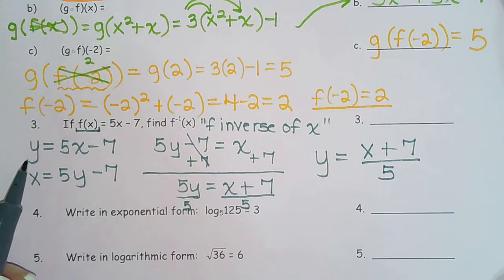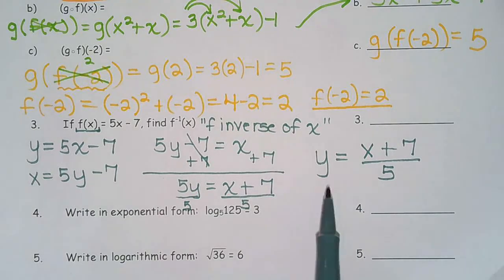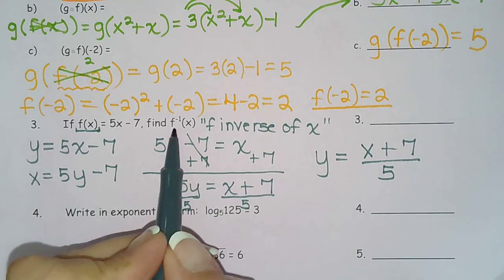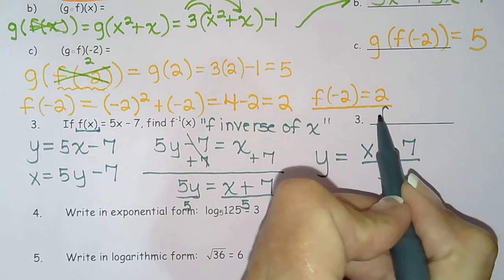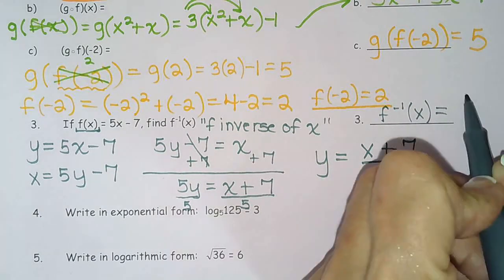So step 1, make the f of x a y. Step 2, interchange x and y. Step 3 is solve for y. And then the last step is tell the reader what you found. What I found is f inverse of x is x plus 7 over 5.